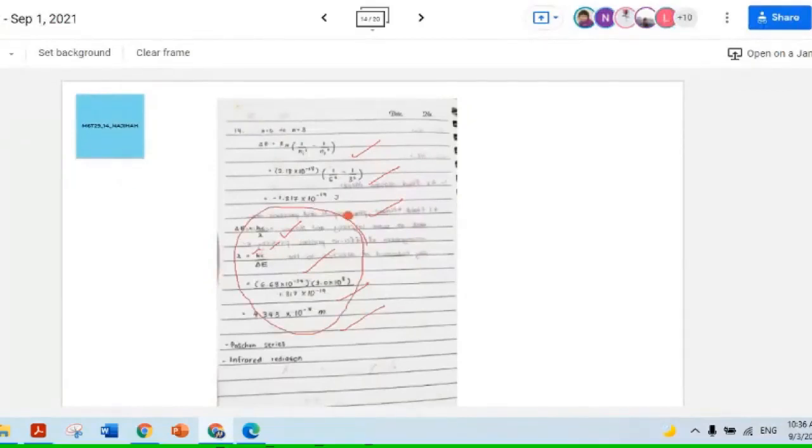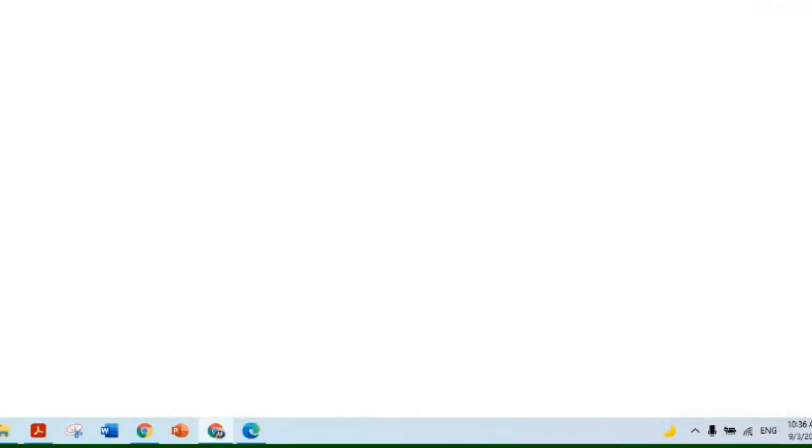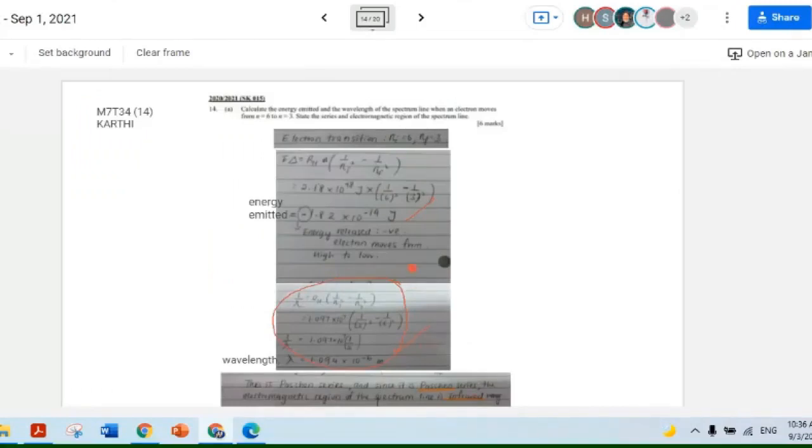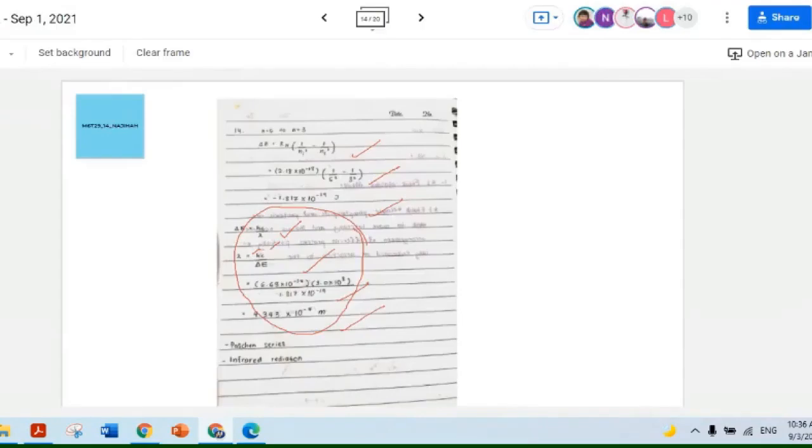Okay, 4.343 times 10 to the power of negative 7. Okay. Tak. Why? Jawapan berbeza. Siapa yang betul? Nanti yang ni betul. Okay, ni betul. Final answer correct. This one correct. How about this one? Jawapan anda salah.